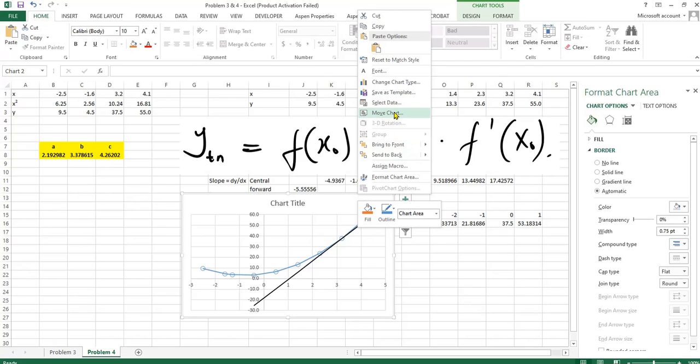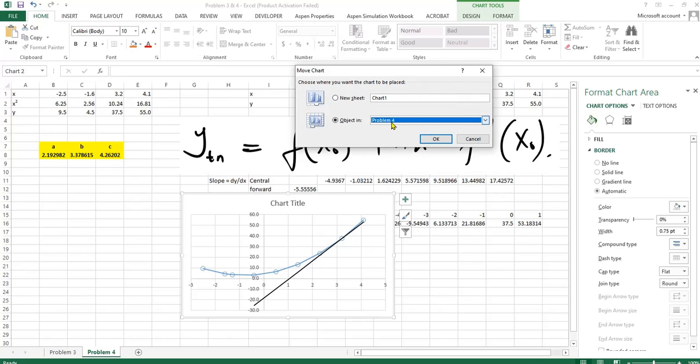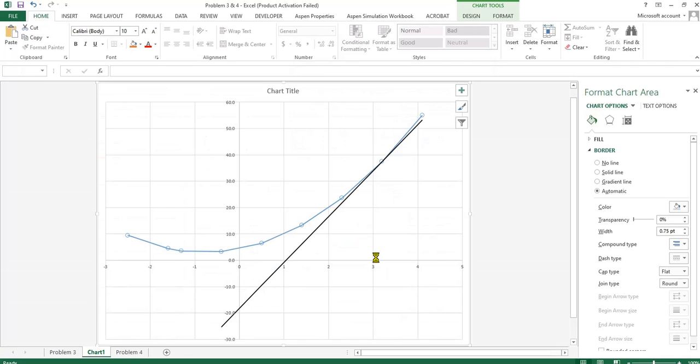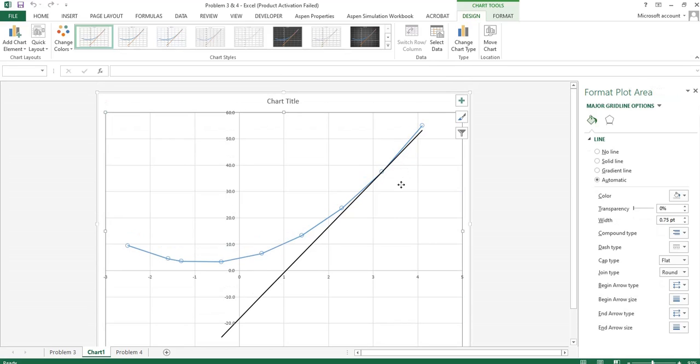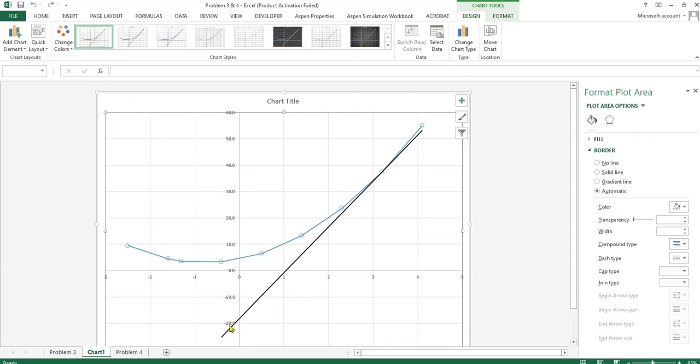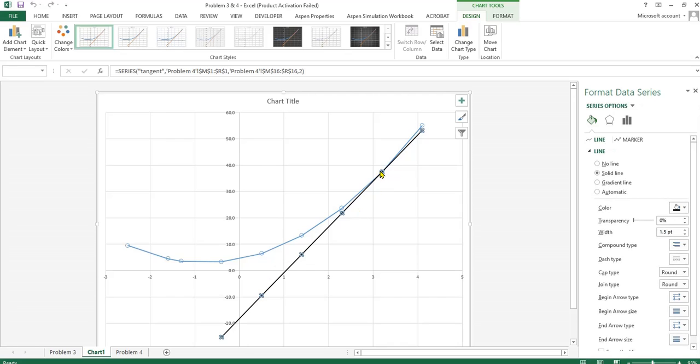Okay, move chart to new sheet, so the chart will be visible enough. So now if you look at these charts now, you see that this tangent just flows past this.